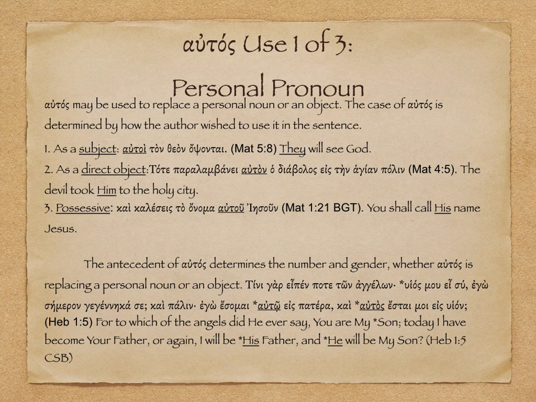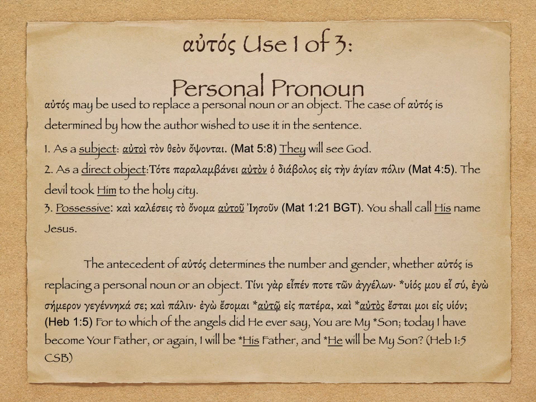Tini gar eipen pote ton angelon, huios mou ei su, ego semeron gegenneka se. Kai palin, ego esomai auto eis patera kai autos estai moi eis huion. A couple of quotes from the Old Testament here that the author of Hebrews cites. For to which of the angels did he ever say, "You are my son," quoting from Psalm 2. Today I have become your father. Again, I will be his father, and he will be my son, quoting from 2 Samuel 7.